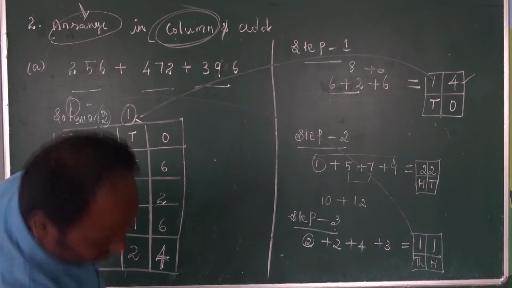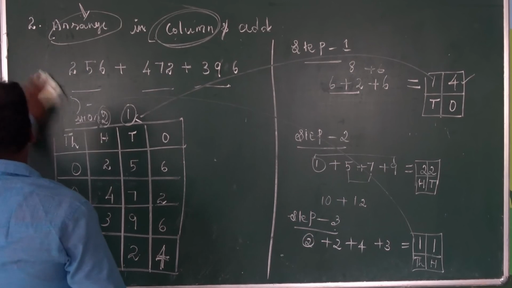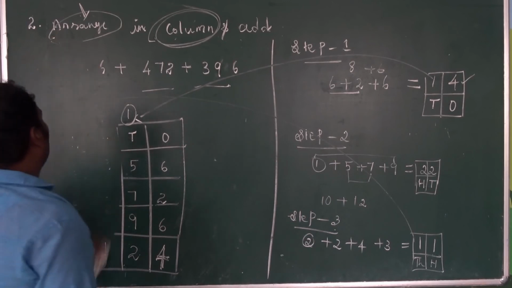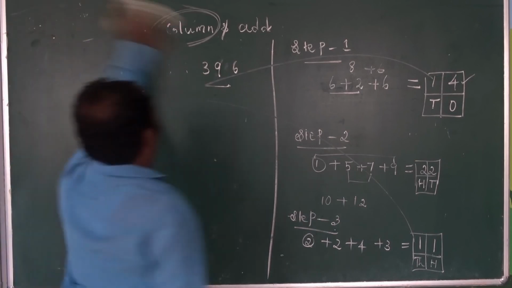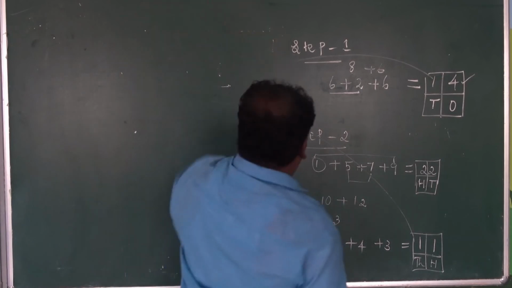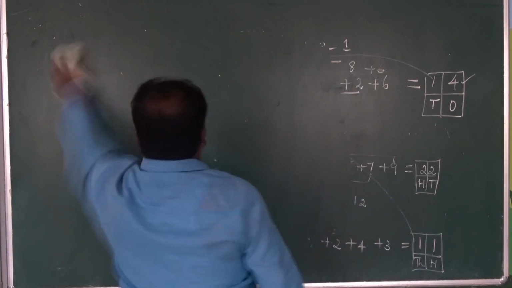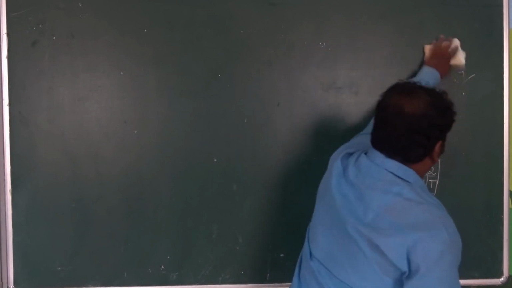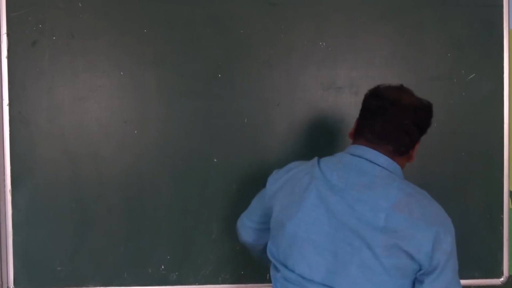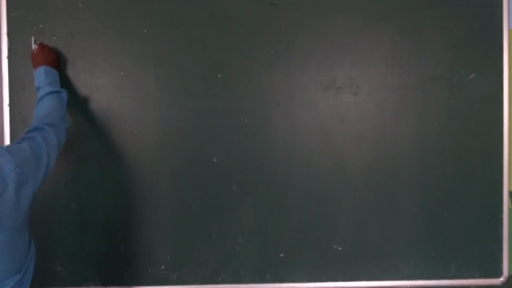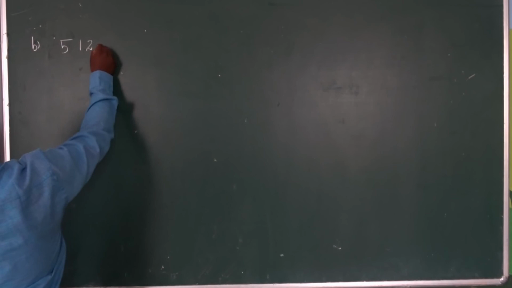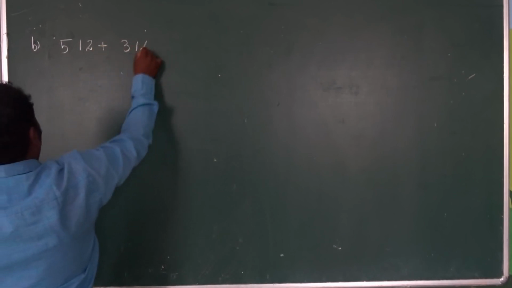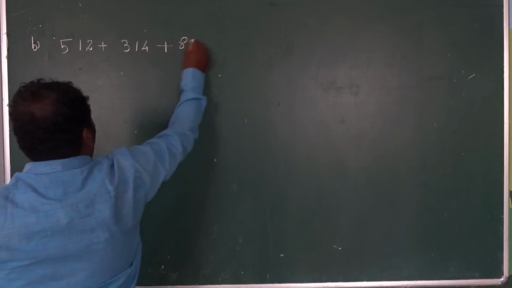Next one, question number 2. This also says arrange in columns and add. Part B: 512 plus 314 plus 826.